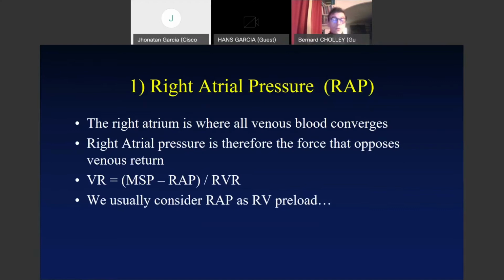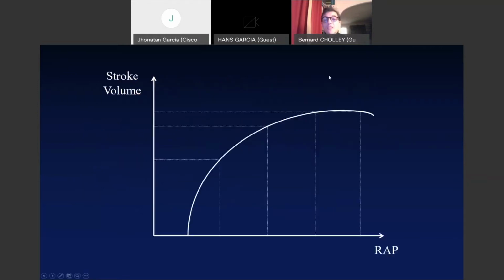But we usually consider right atrial pressure as the right ventricular preload, and we all have this curve in mind, meaning that, okay, if we increase right atrial pressure, we will increase stroke volume and cardiac output. But in reality, I just said the opposite. There is an apparent contradiction, and in a few minutes, I will try to reconcile this.